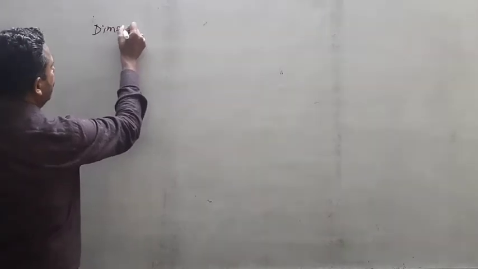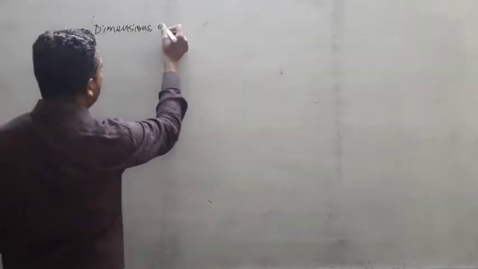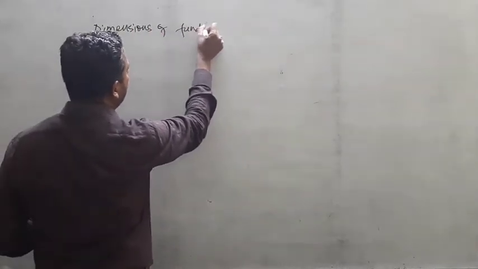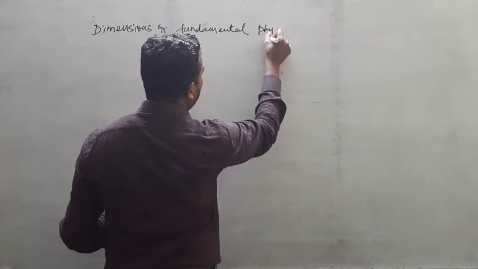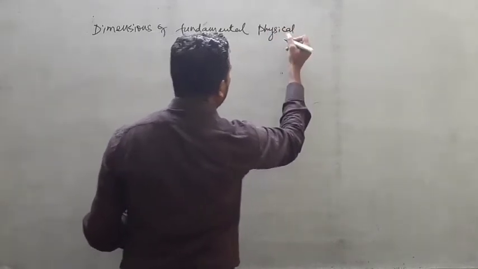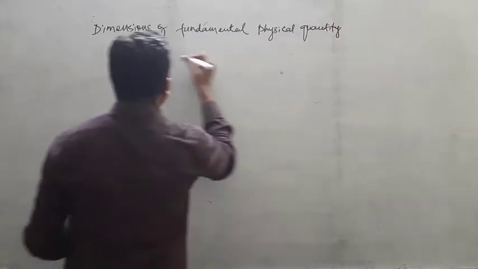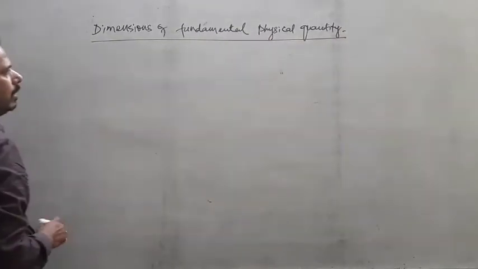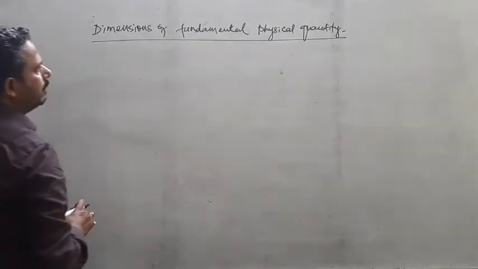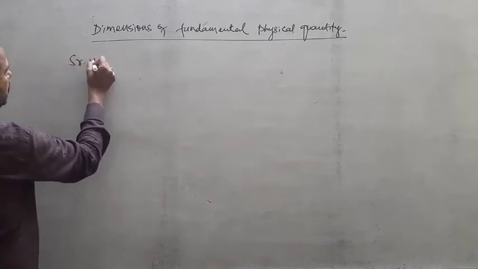So here, dimensions of fundamental physical quantity. For the quantities that belong to fundamental physical quantities, you just make a chart like this.